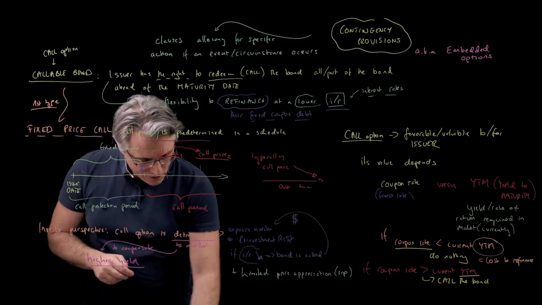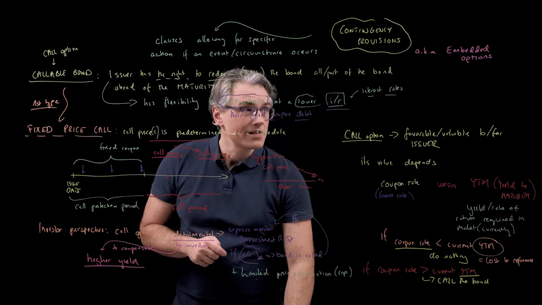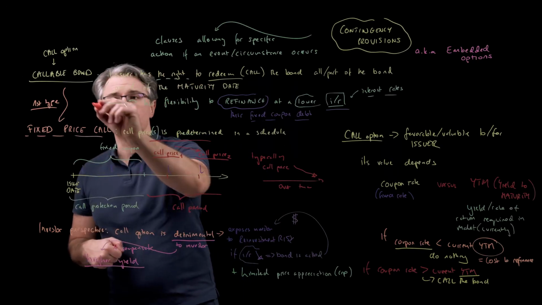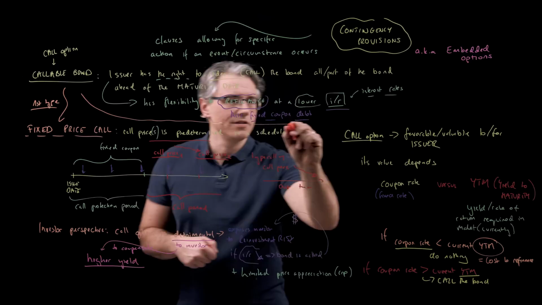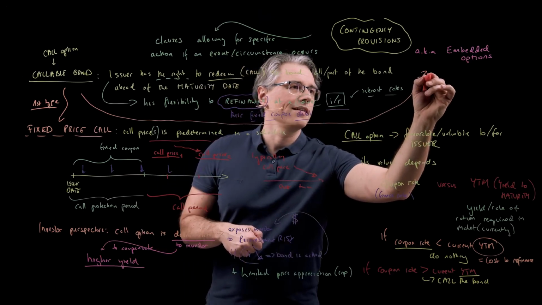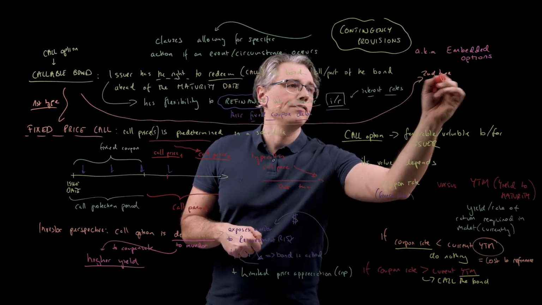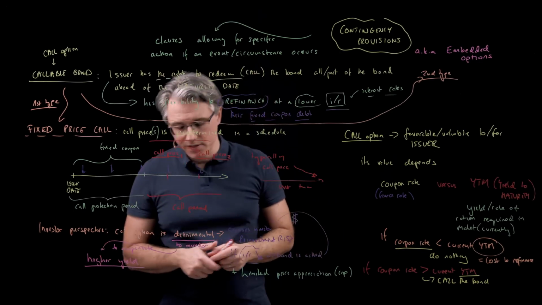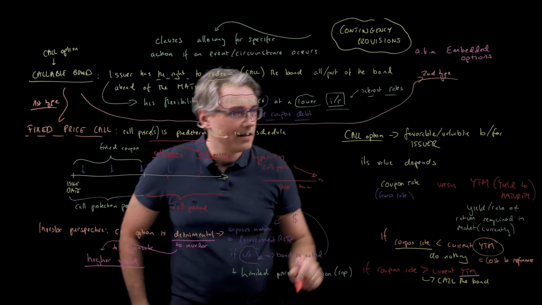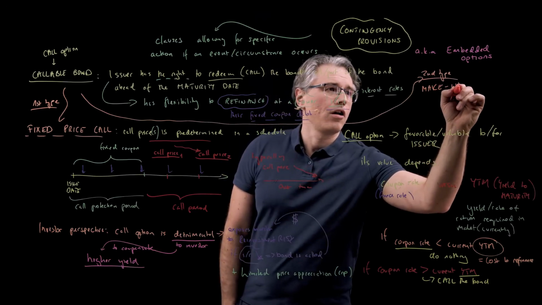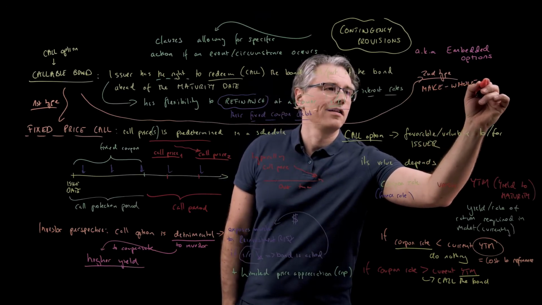Now, let me just say that there is a second type. Where am I going to put this? I knew this could be potentially a bit of a struggle. So over here, the second type of these callable bonds, or the way we specify the call price, is the make whole call.